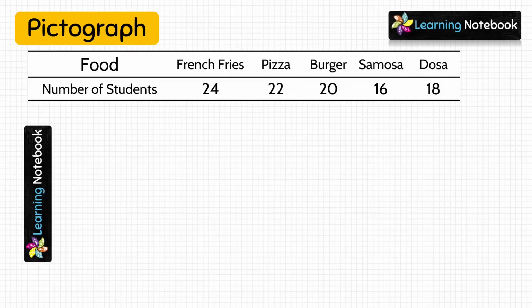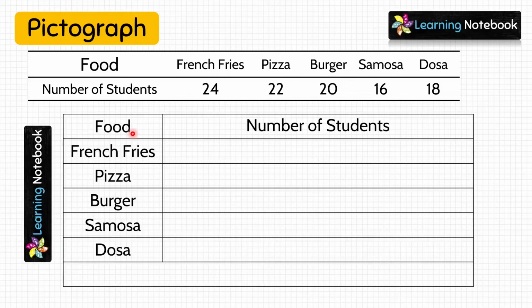First, let's form a table and write food on the left hand side of this table. Now we will write all the food items which are given in the data. So, French fries, pizza, burger, samosa and dosa.